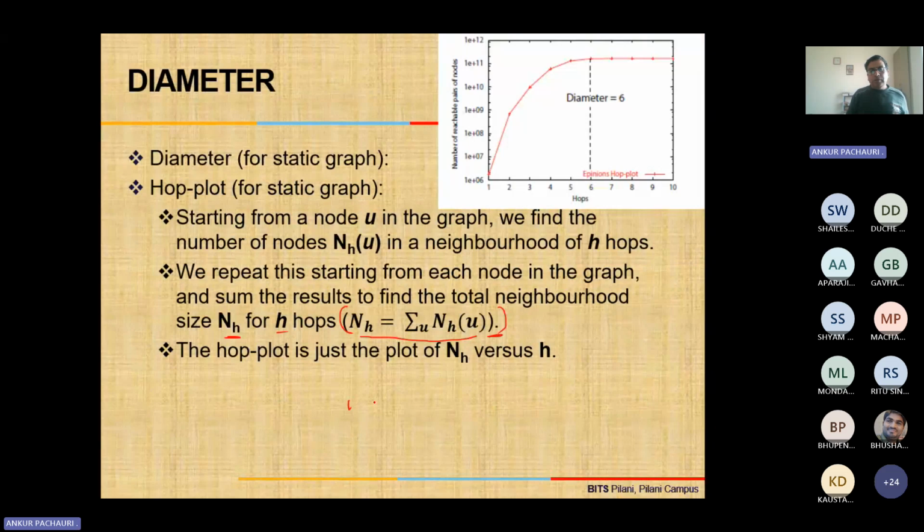One hop means A, two hop is adjacency matrix A squared, three hop A cubed, and so on. I explained in my last session how to calculate the hop matrix. It's just a square of the adjacency matrix.